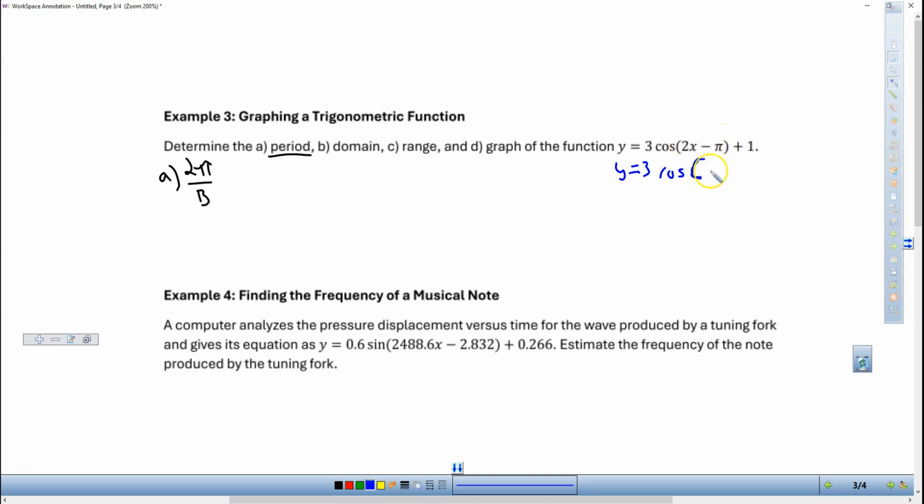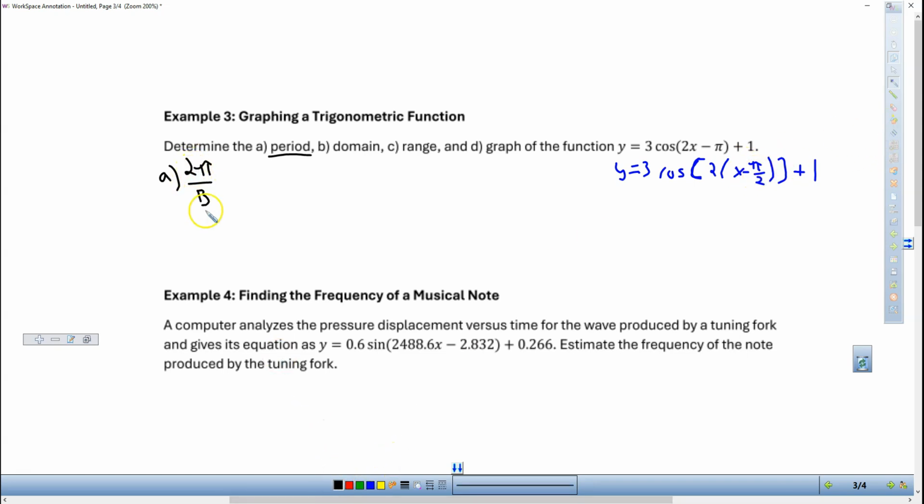Well, the b is simply going to be this 2 that we pull out, (x minus pi over 2), plus 1. And so that is going to help us if we need to pull out any of the other information. Now, this of course is not going to really change too much with our period, but if we needed to find other pieces of this, this is where this is going to come really useful.